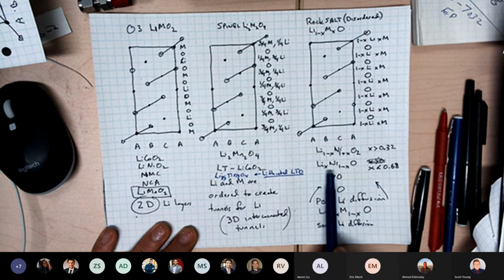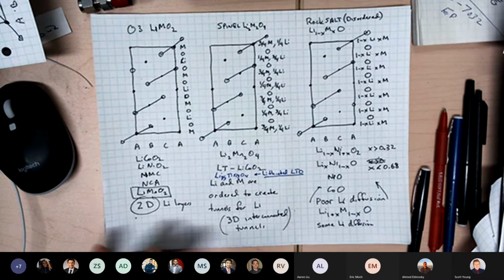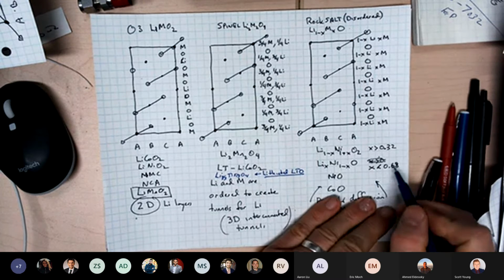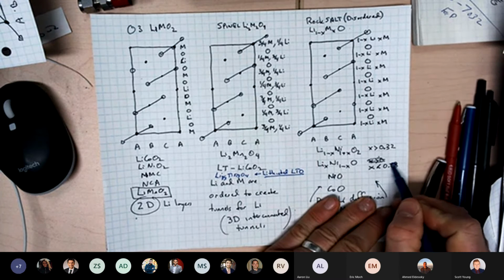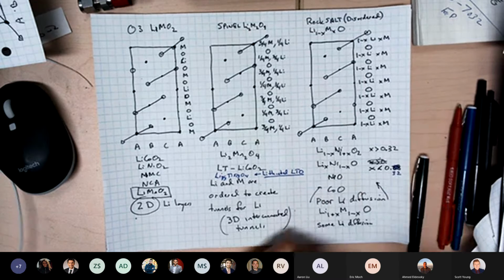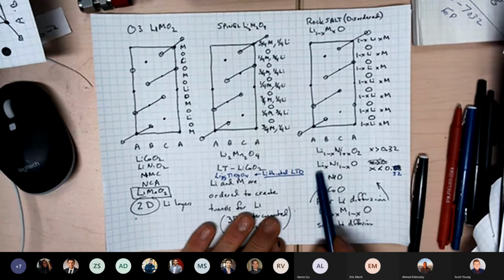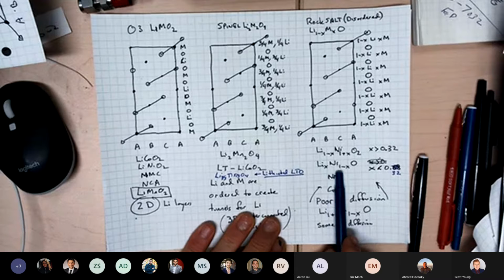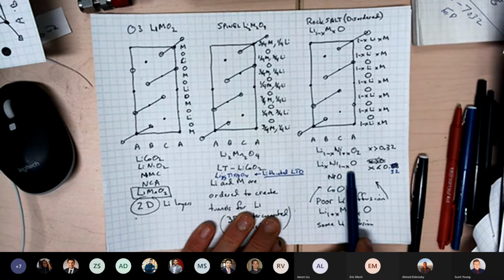You can have situations where you have lithium nickel oxide with, I don't know if I have the number right here, it should be less than 0.32, sorry. You have lithium deficient lithium nickel oxide, and it becomes disordered rock salt.